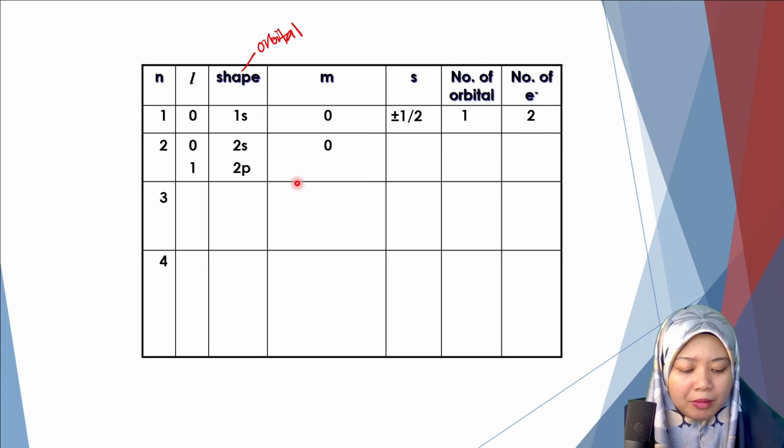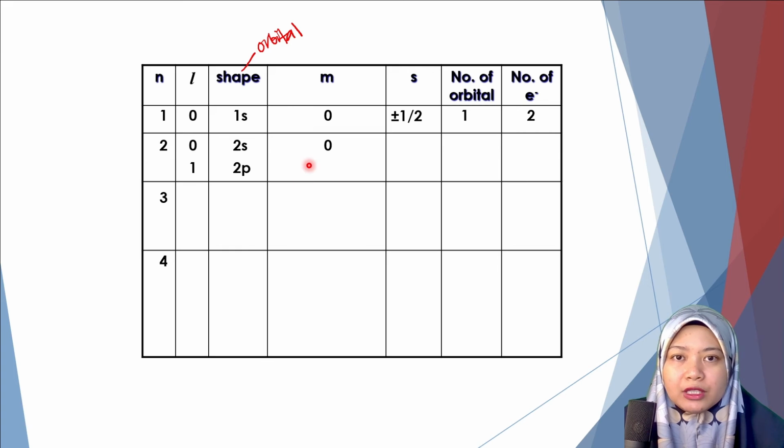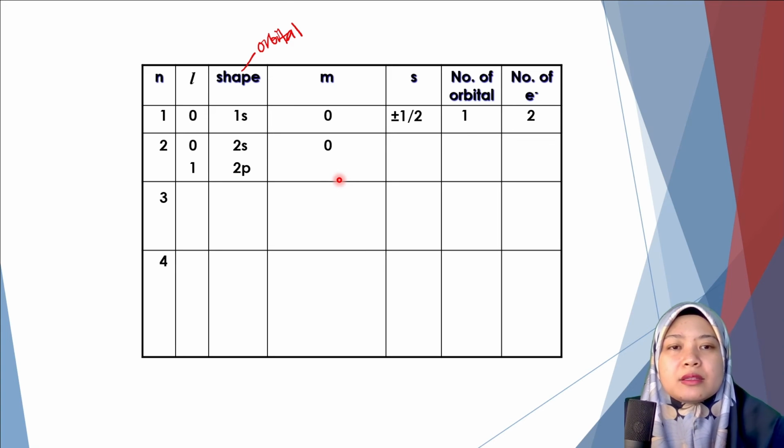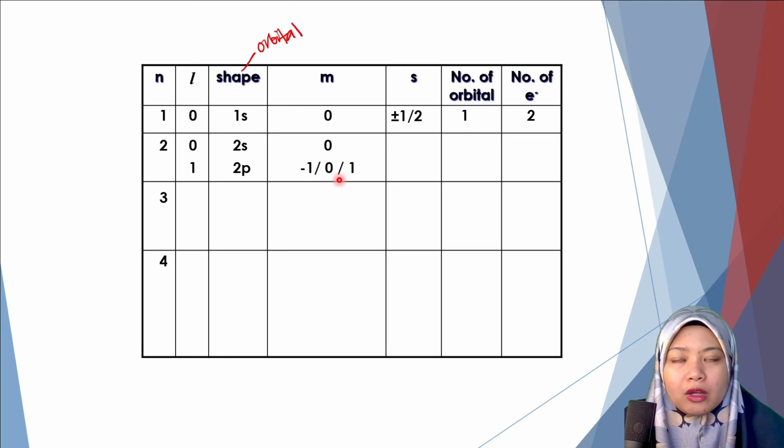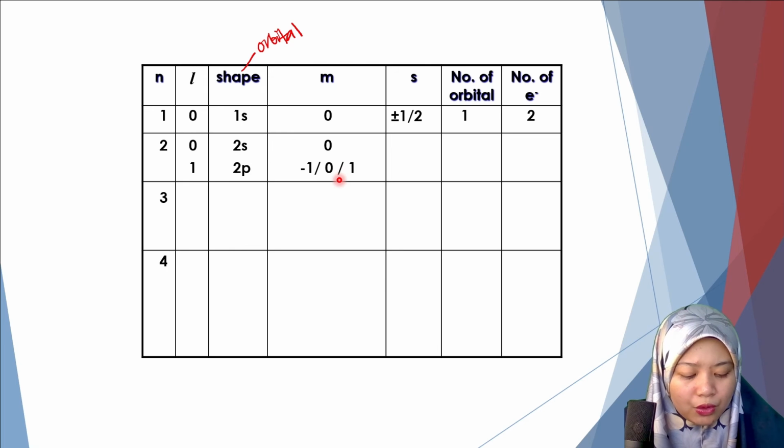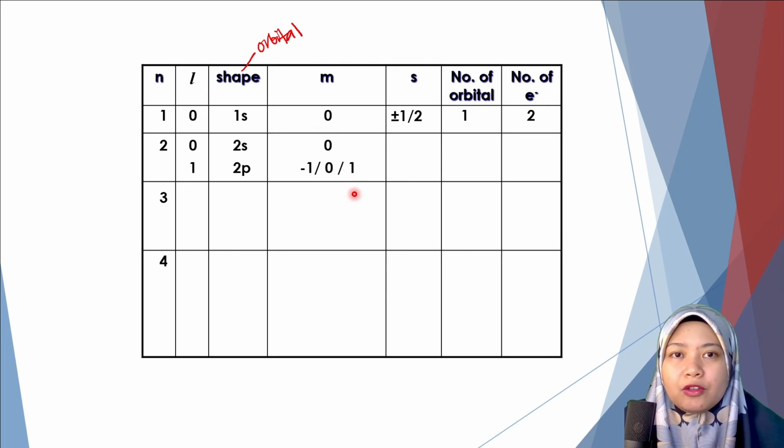How about m for 2p? You have to refer to the value of L. L is 1, so the value of m is -1 or 0 or +1.